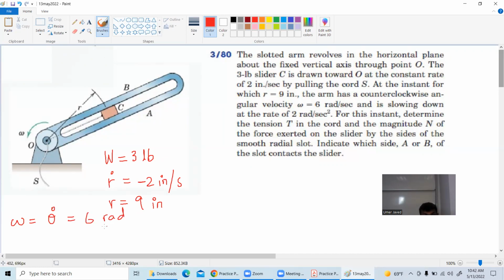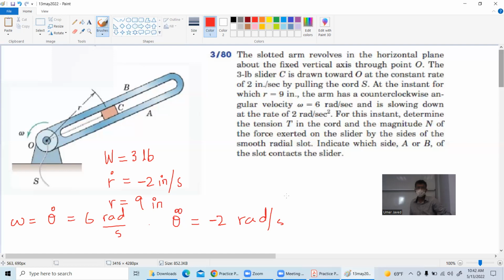How many agree and how many disagree? What about theta double dot? -2. How did you figure with the minus? Okay. And how did you figure the theta dot as positive? Yeah. Okay. Anyways, I will not contest that.